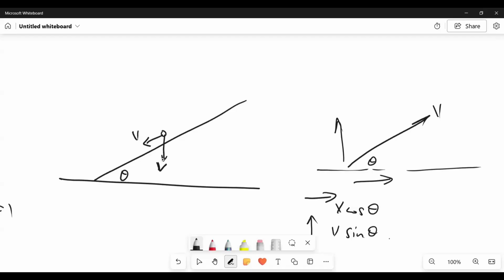So the component of this vector that is acting down, the component that is going parallel to the plane is, as I said, V sin theta. And the component of this vector acting perpendicular to the plane is going to be V cos theta. Right? So I gave you both situations there.